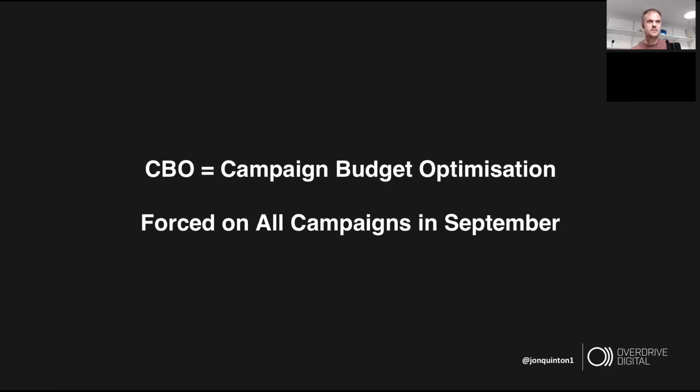Facebook basically goes, we'll distribute the budget based on performance across your ad sets. So you're no longer getting the control over spend at the ad set level, which I think is a great feature if you're trying to automate things, but the fact that it's going to be a forced option in September is a little bit frightening.